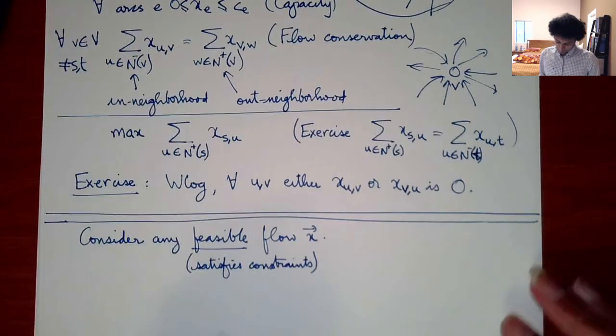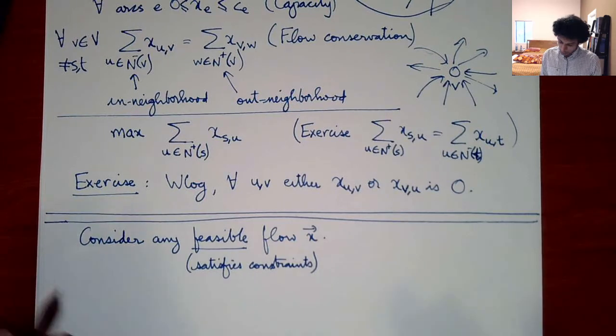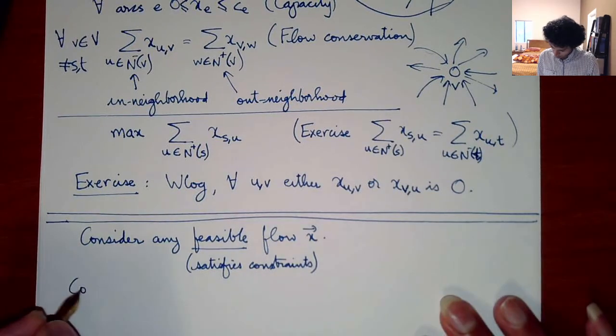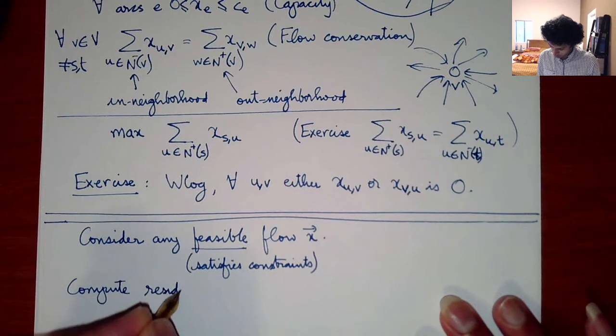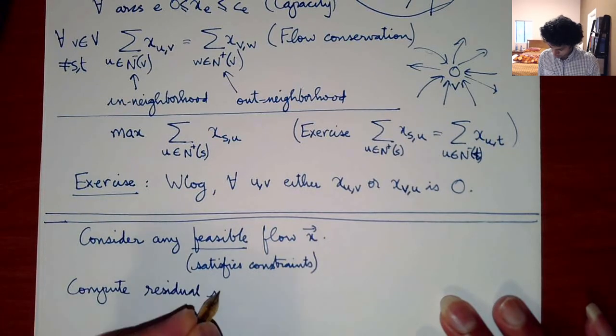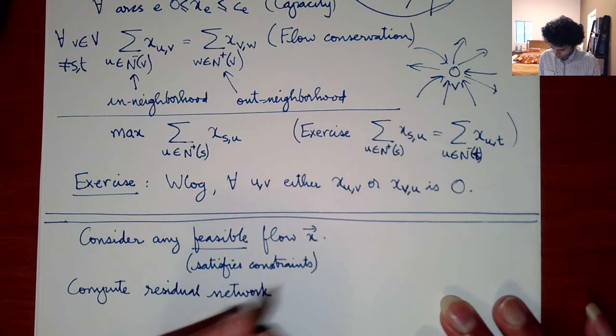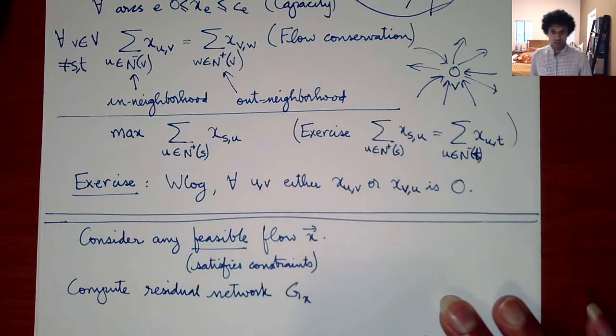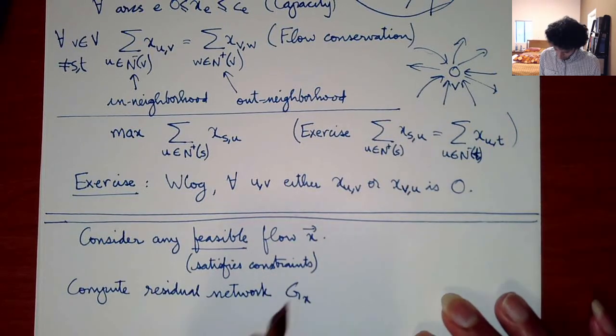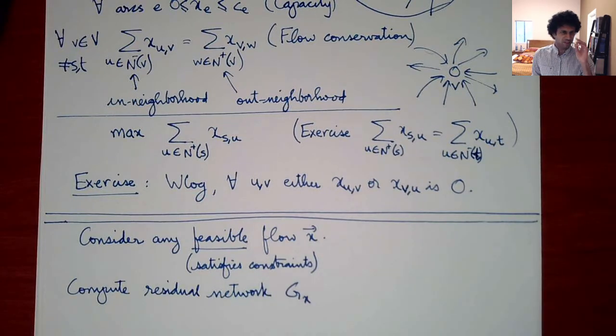Now, suppose you have some flow. What we'll do is compute something called the residual network, which I will call G sub x. And I might remove the vector notation just because it ends up becoming clunky when I write.